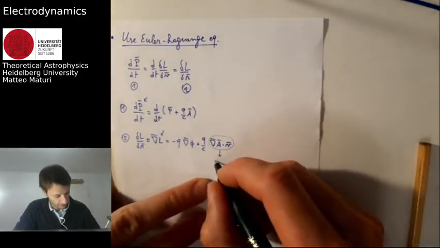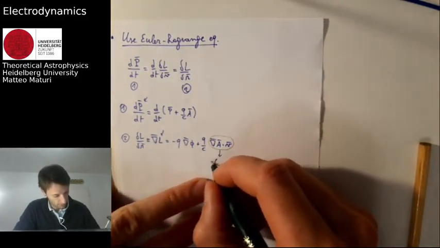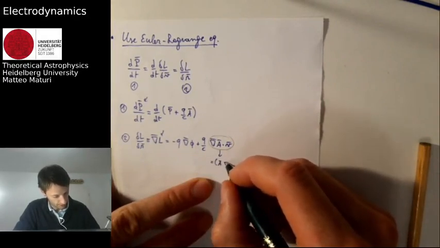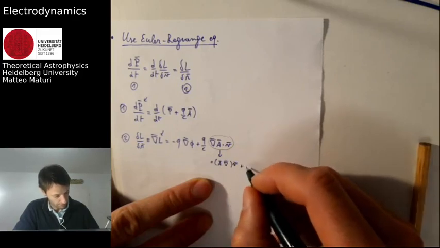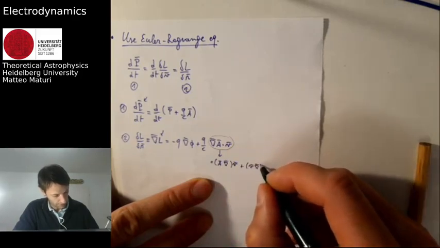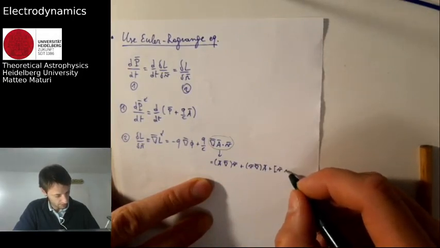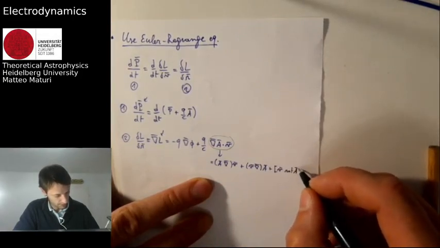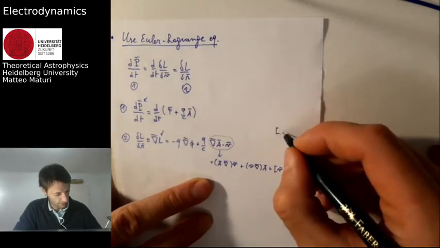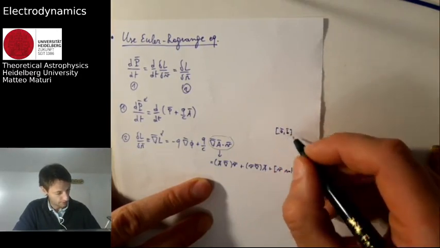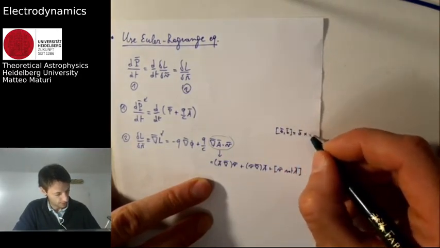This is equal to (v dot gradient) A plus (A dot gradient) v plus v cross rot A plus A cross rot v, where with this notation, vector a, vector b is equal to a dot b.